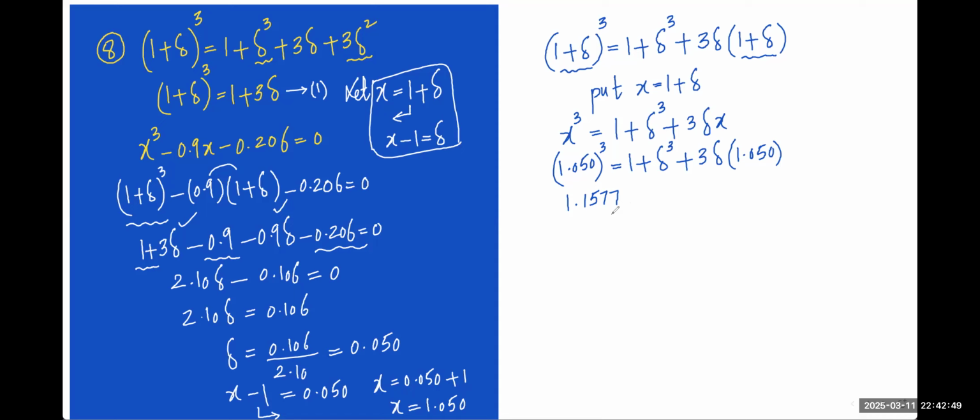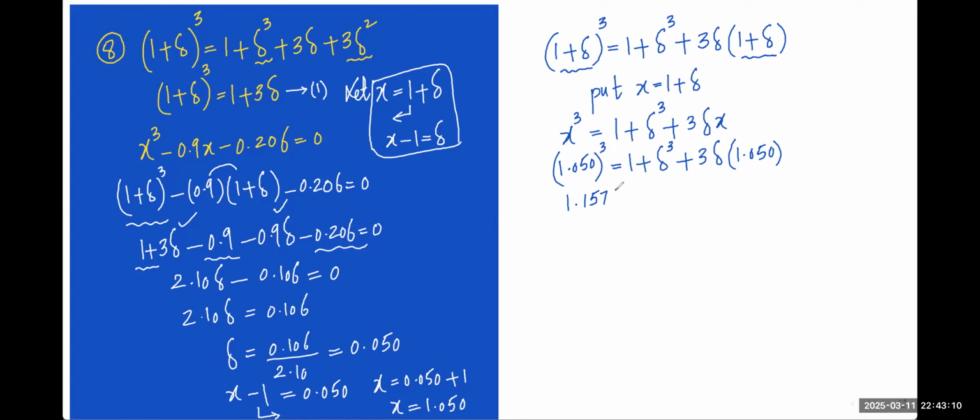After the decimal, 4 digits are also enough to calculate. Let me check it once again. 1.050 to the power of 3 is equal to 1.157625.